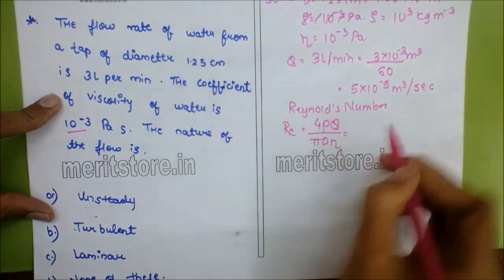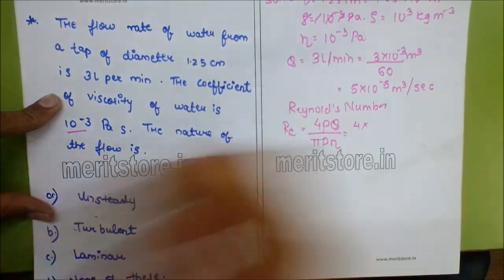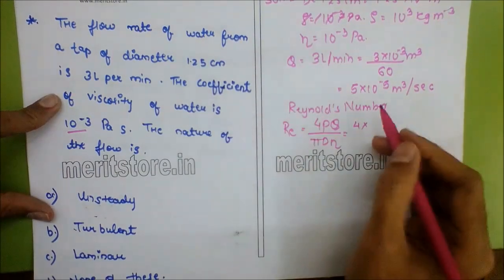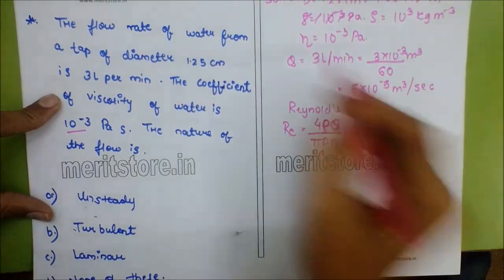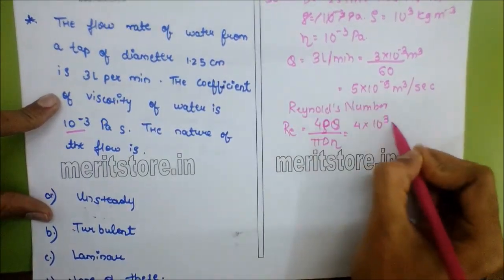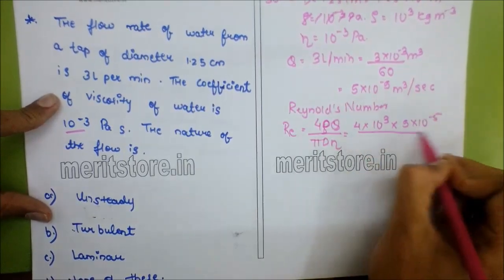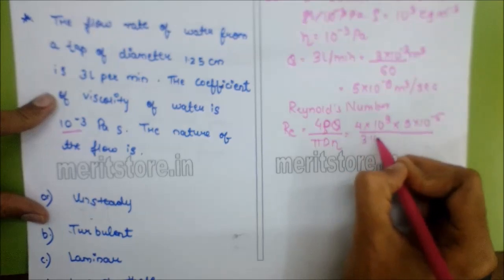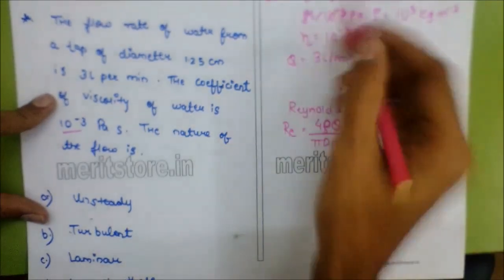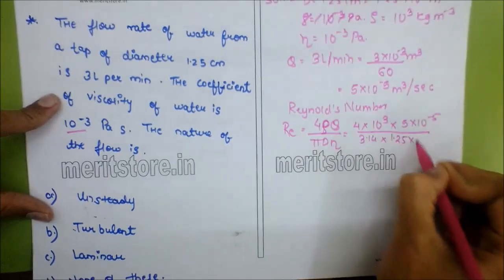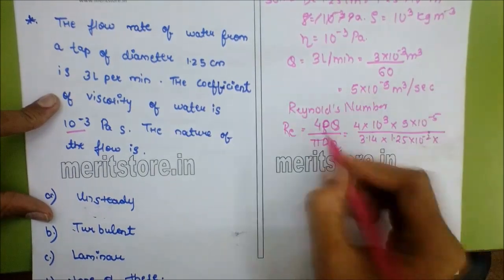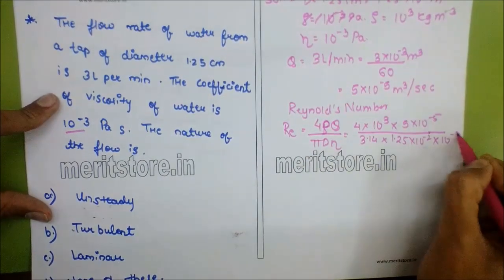Here 4 is just a number, rho is the density, that is 10 raised to 3, into Q which is 5 into 10 raised to minus 5, upon pi which is 3.14, into D which is the diameter, that is 1.25 into 10 raised to minus 2, into eta which is 10 raised to minus 3.